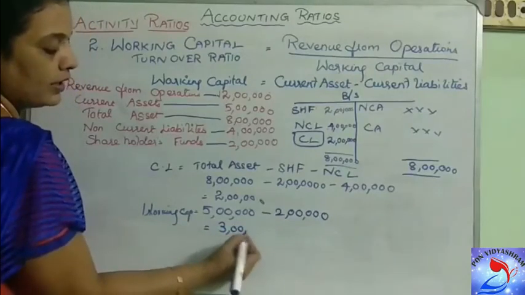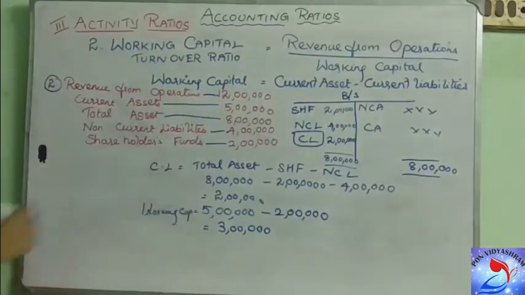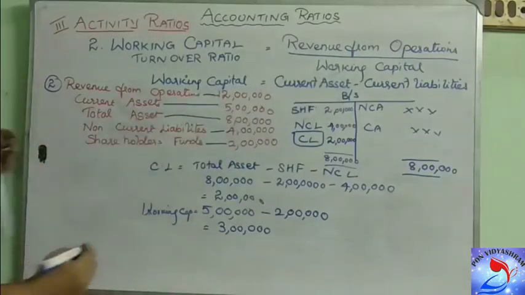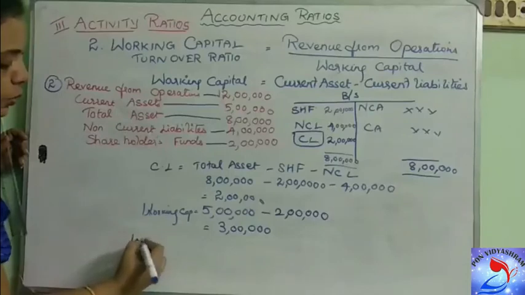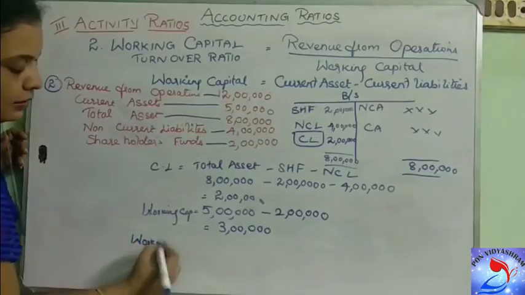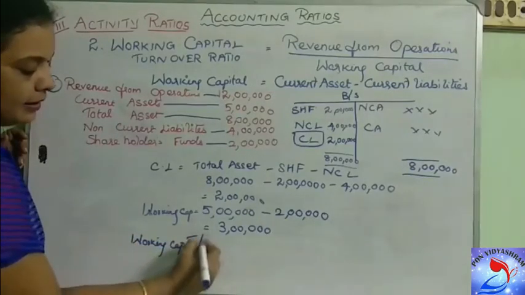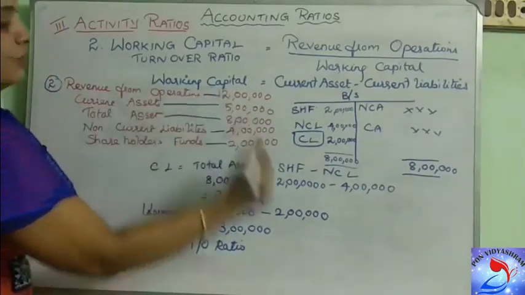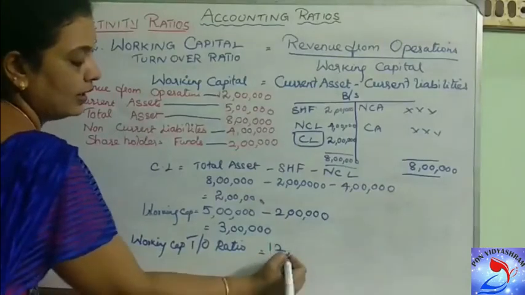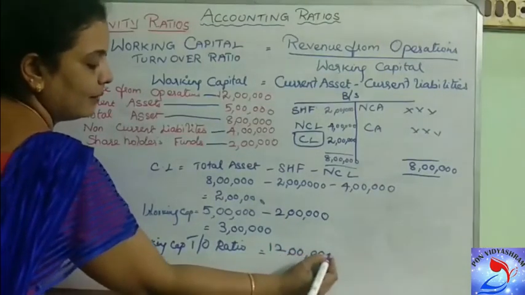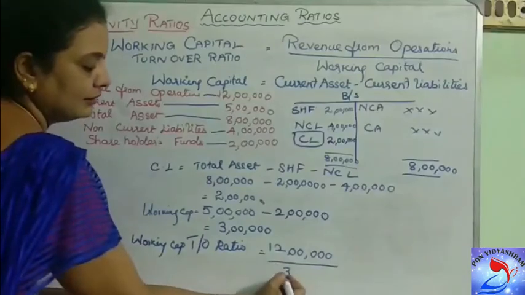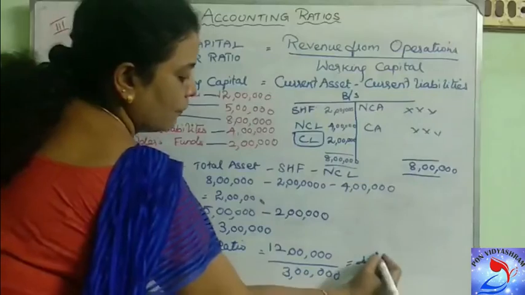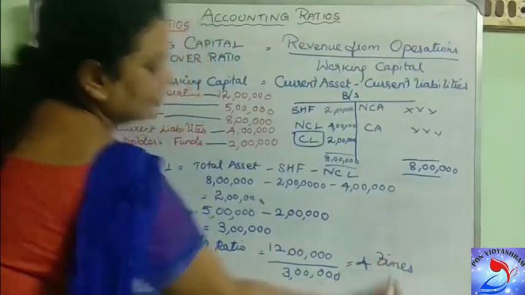Now we need to apply the formula, revenue from operation divided by working capital, to find out the working capital turnover ratio. Working capital turnover ratio is equal to revenue from operation, that is 12 lakh, divided by working capital 3 lakh, which we found out, which will give you 4 times as your answer.